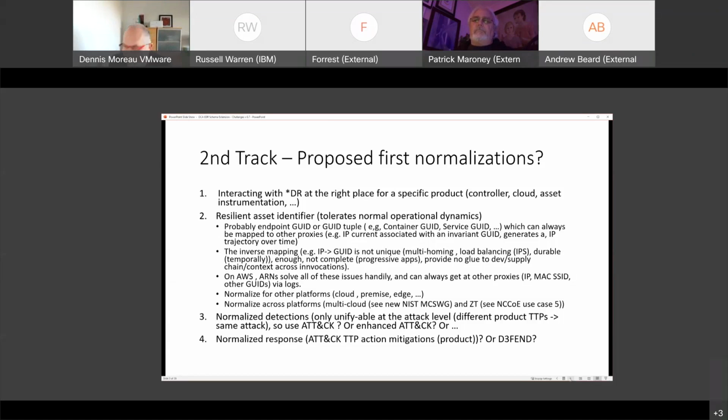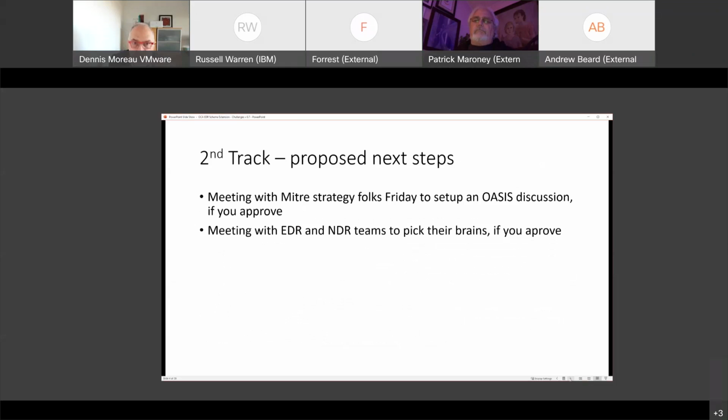But I'll hop to the next slide, which is a next step that could be interesting, because I've invoked MITRE in vain a couple of times here. I've got a meeting with their strategy folks on Friday to see if they're open to setting a meeting with us to talk about what they anticipate the role of, for instance, ATT&CK and Defend in this domain, and maybe more broadly, the security automation framework.